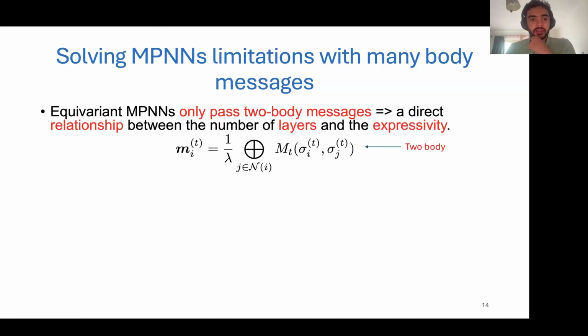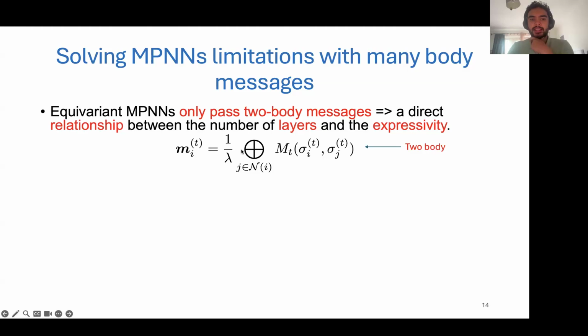So what were the limitations of MPNNs before MACE? The first one was that all MPNNs, at least all the equivariant MPNNs, were passing only two-body messages, which means that at every layer you could only pass functions that are just a sum of two-body functions.